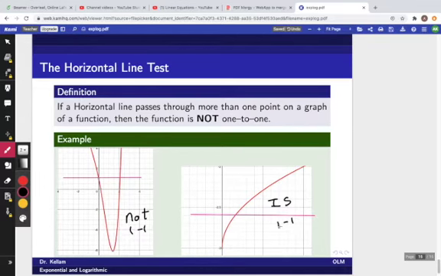So there is a way that we can actually instantly know if a function will pass the horizontal line test. And that is, we can ask ourselves the question, is the function always increasing?